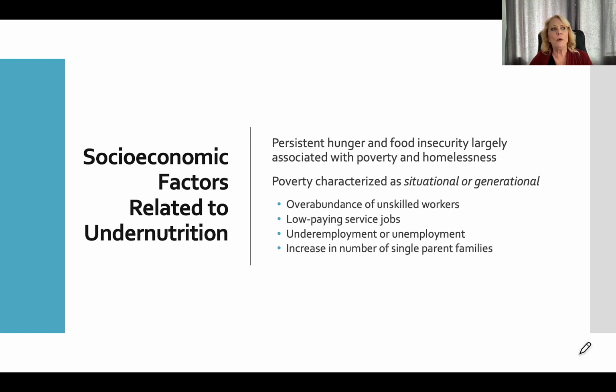Or maybe the individual is an illegal immigrant, and so they have to take low-paid jobs under the table. They're not supposed to be here, so they can't be found out. And then, in the United States, we have a very large and ever increasing number of single parent households where you don't have that dual income. And of course, it makes it much more difficult to live, especially here in the state of California.